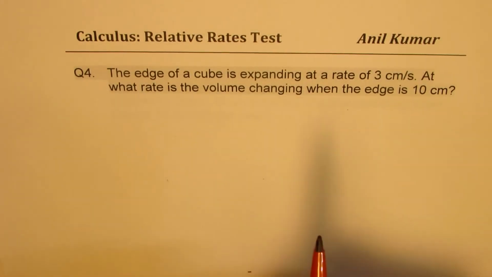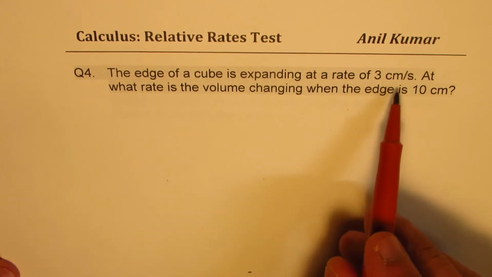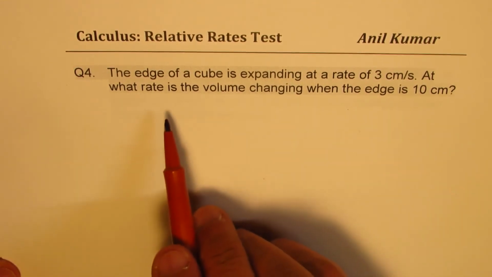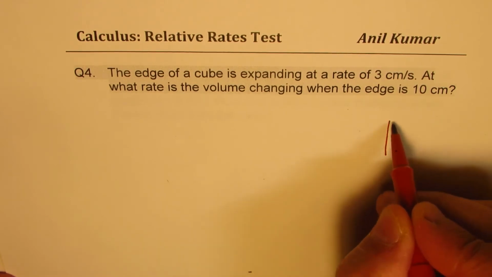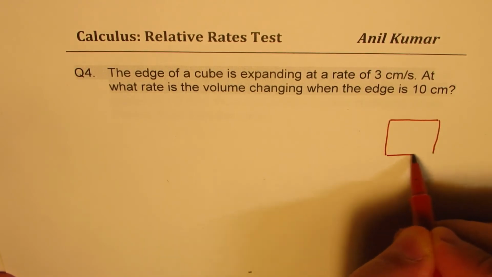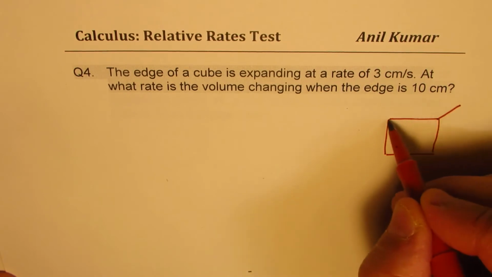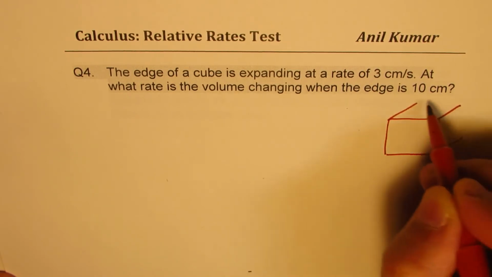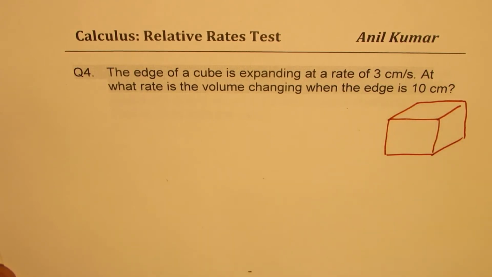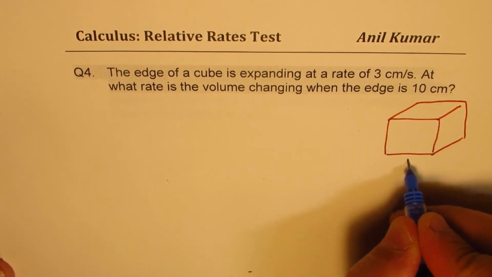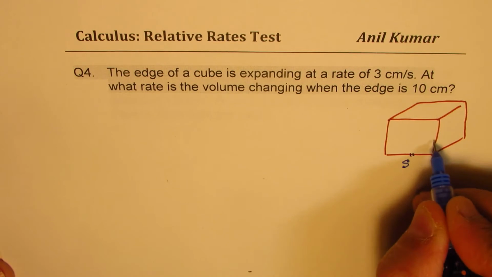The edge of a cube is expanding at the rate of 3 centimeters per second. At what rate is the volume changing when the edge is 10 centimeters? So let's say this is our cube, which is expanding, correct? So let's say the sides are S. Each side is equal, correct?